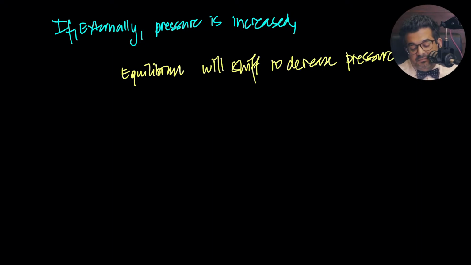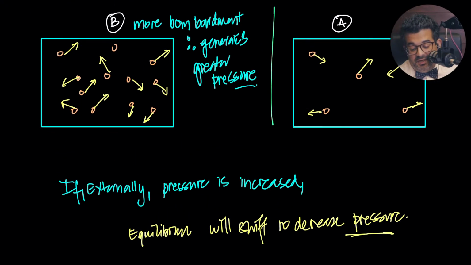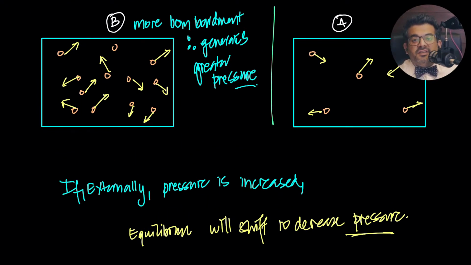Now that's important to know, and you got to keep this scenario in mind. Which scenario will the equilibrium want to decrease pressure, B or A? If I were to ask you guys.